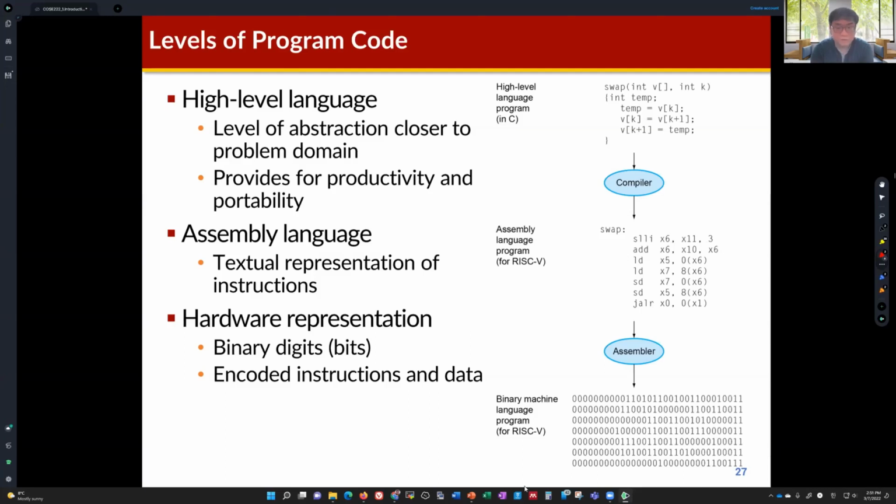Why? Because we are computer engineers, not coders. We write our programs in a programming language like C or Python. These programming languages are called high-level languages.